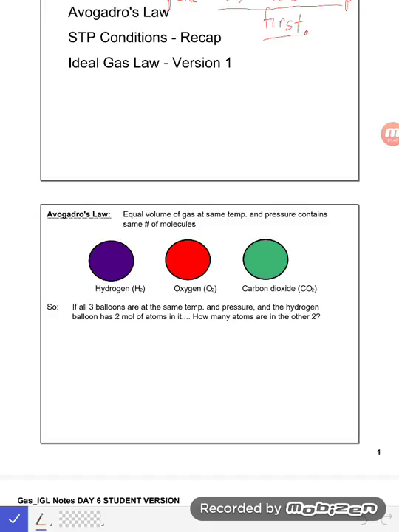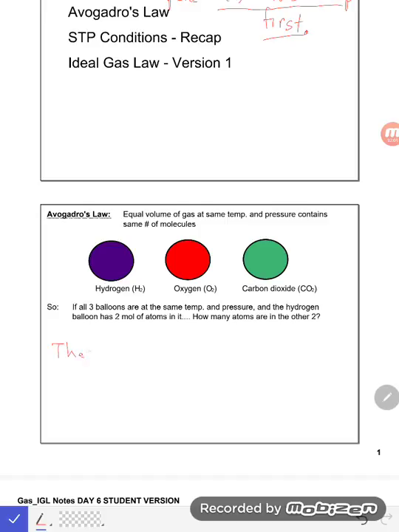So if we ask the question, if all 3 balloons are at the same temperature and pressure and the hydrogen balloon has 2 moles of atoms in it, how many atoms are in the other 2? The big thing here is same temperature and pressure.